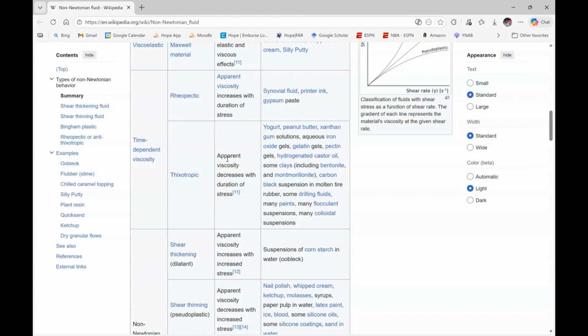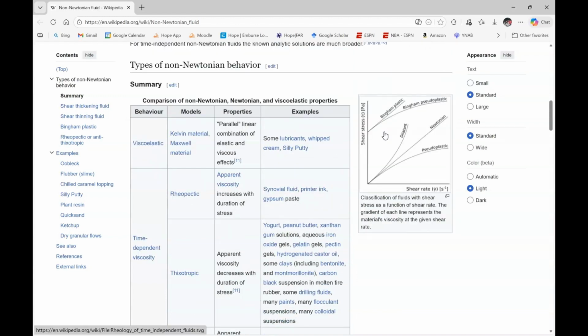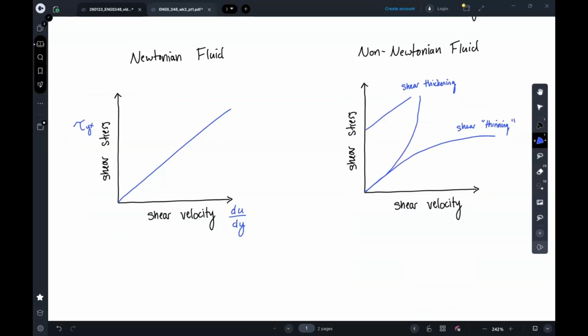Those are things where there's an alignment in the fluid that changes it, and the relationship between shear rate, or shear velocity, and shear stress is actually changing with time. But the take-home message is that there's this relationship between the shear stress and the shear velocity.